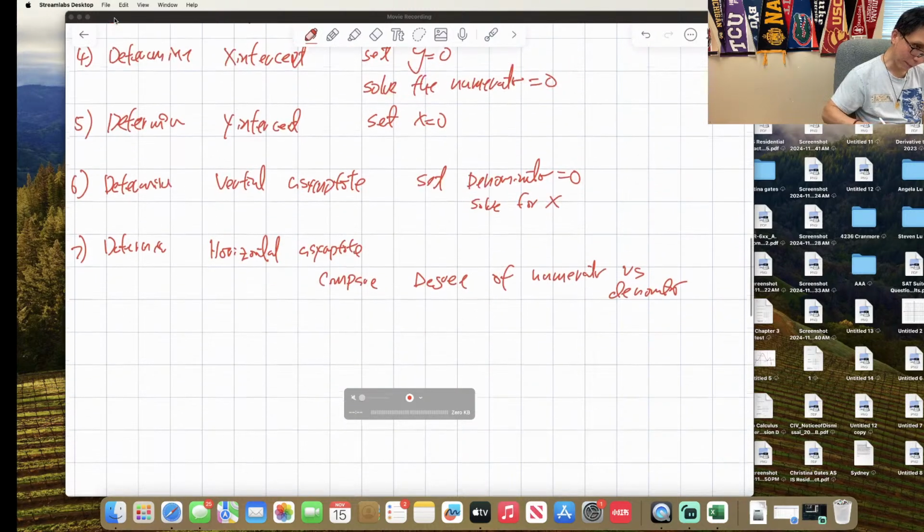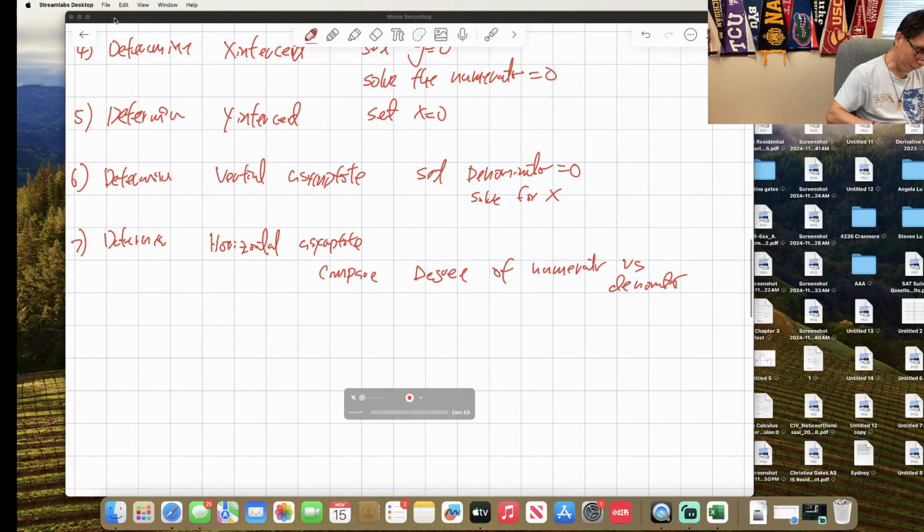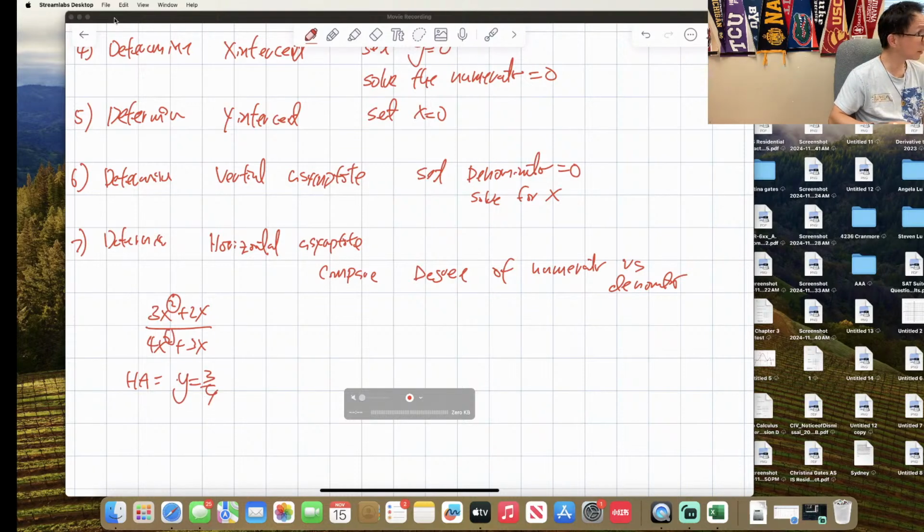Now I'll give you an example. If you have 3x squared plus 2x over 4x squared plus 3x, what is the horizontal asymptote? 3 over 4. y equals 3 over 4 because they have the same degrees, right?